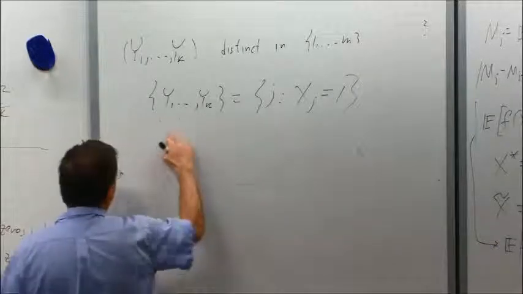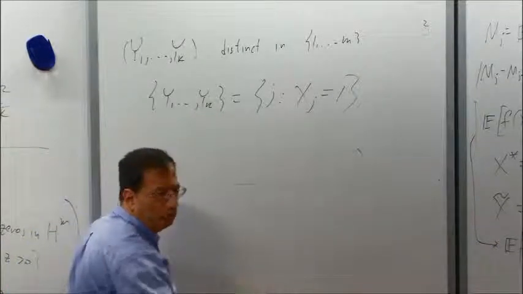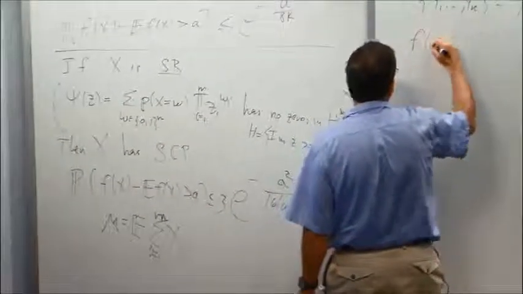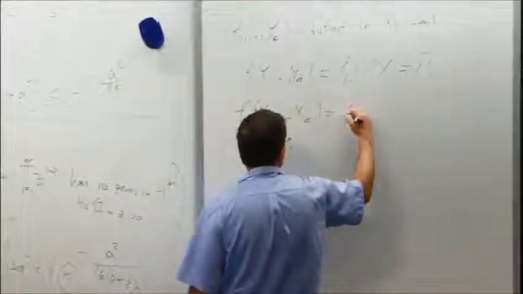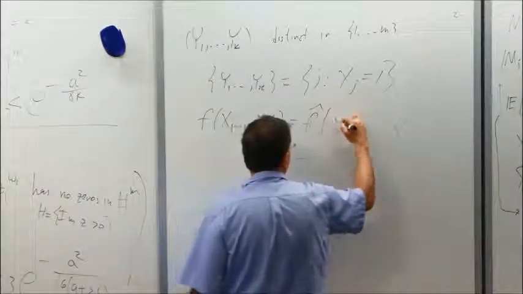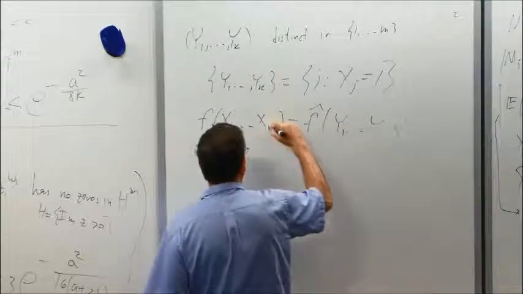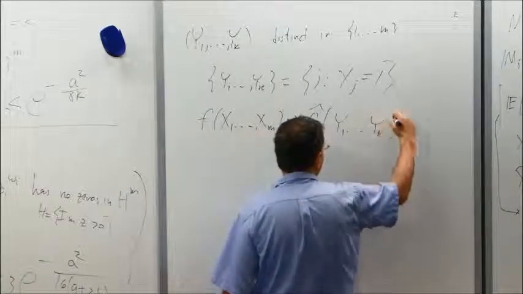Knowing y1 up to yk tells me exactly what vector x I want, because x is homogeneous. And that means I can write f of x1 up to xm as some function f hat of y1 up to yk. Right here I had m variables; it's a function just of these k variables.